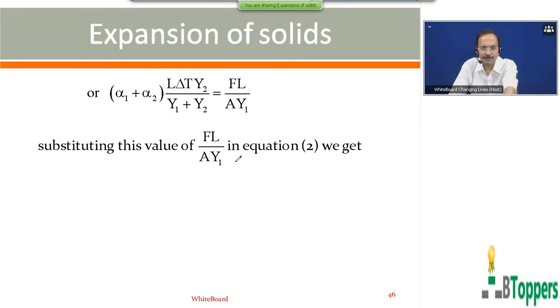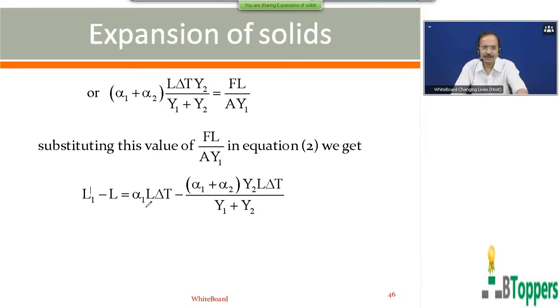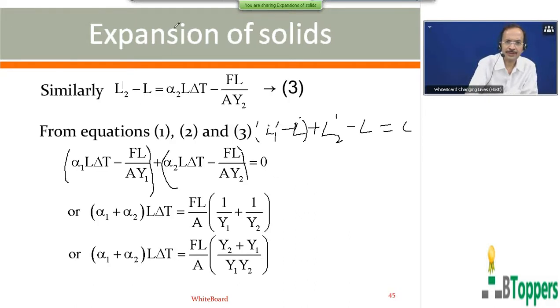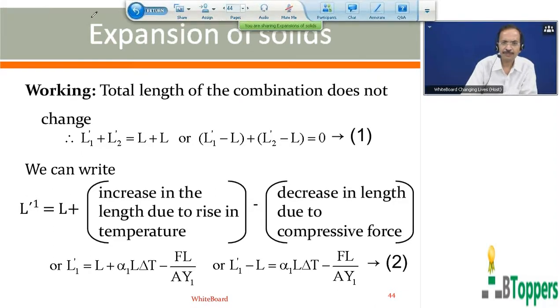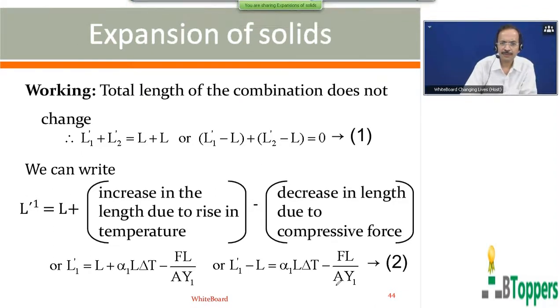Substituting this value of FL by A Y1 in equation 2. Equation 2 is L1 minus L equal to alpha 1 into L delta T minus FL by A Y1, as I have written here. You can see the previous equation 2 here.